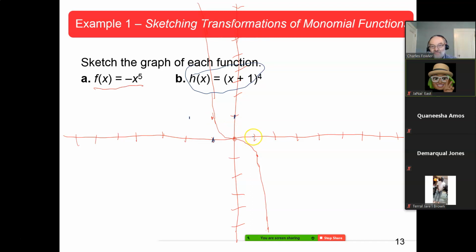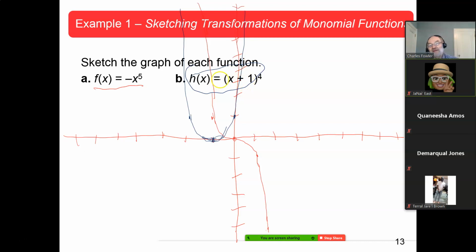When x is equal to 1, 1 plus 1 is 2, 2 raised to the fourth power is 16. So those go off scale really, really fast, and then they come down and flatten out near 0 really, really flat. Not our 0, our turning point there, the vertex, and then they go up really, really sharp. Now this is probably not as flat as it should be, but that's generally what the second one looks like.